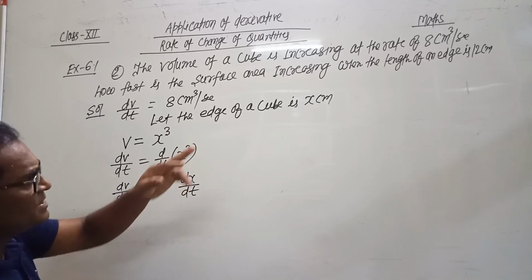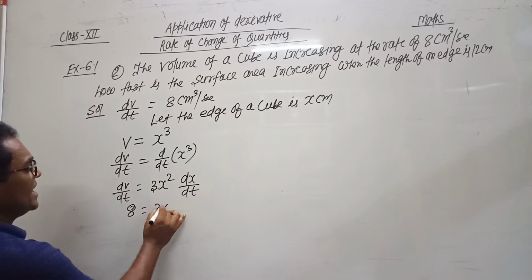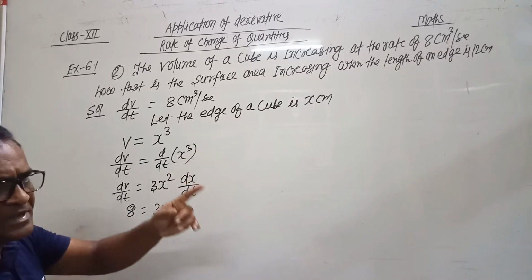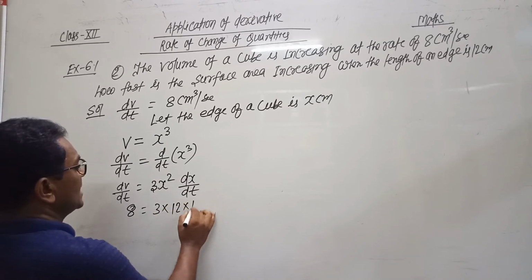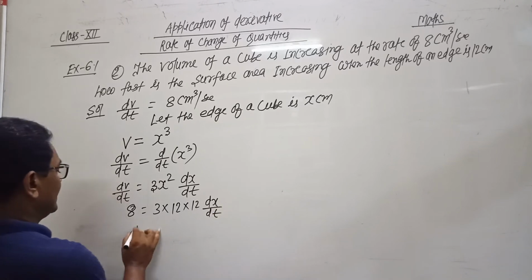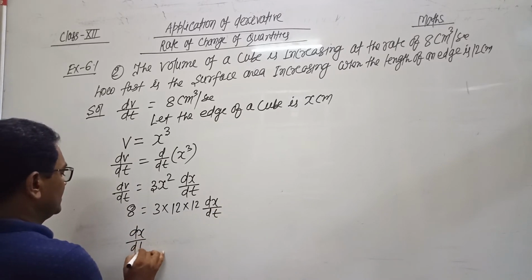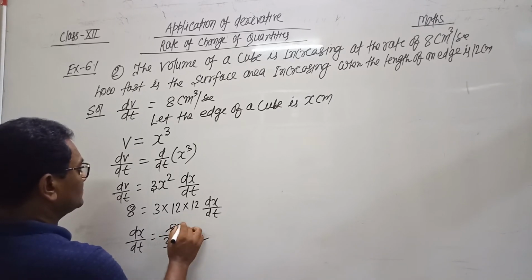The value of dV by dt is given: 8 equals 3 into x square, and the edge is given as 12, so 12 into 12, and dx by dt. Then dx by dt equals 8 upon 3 into 12 into 12.